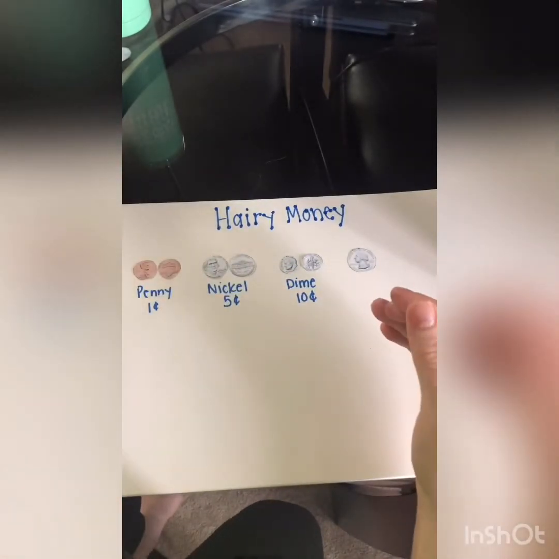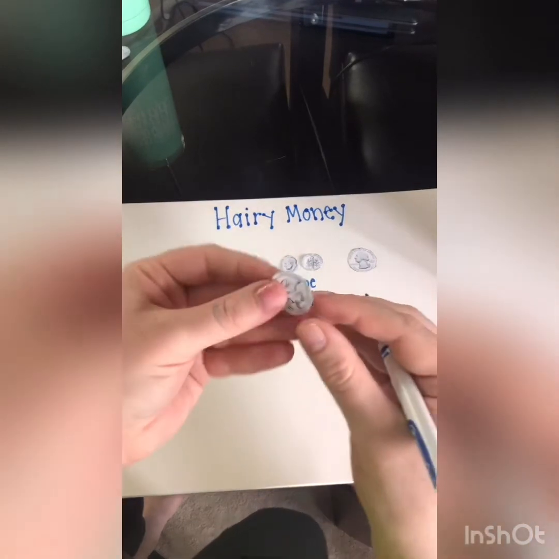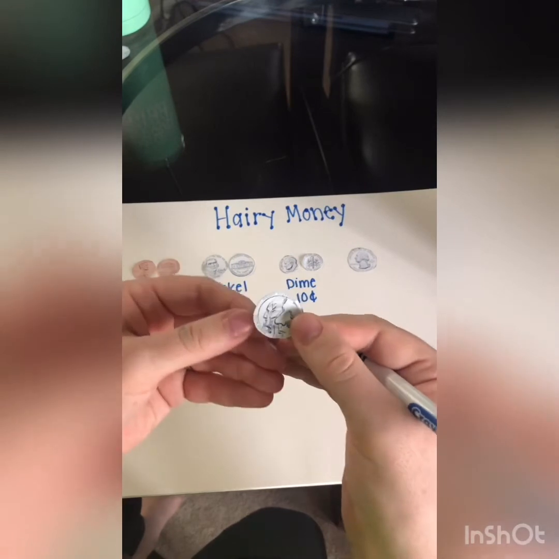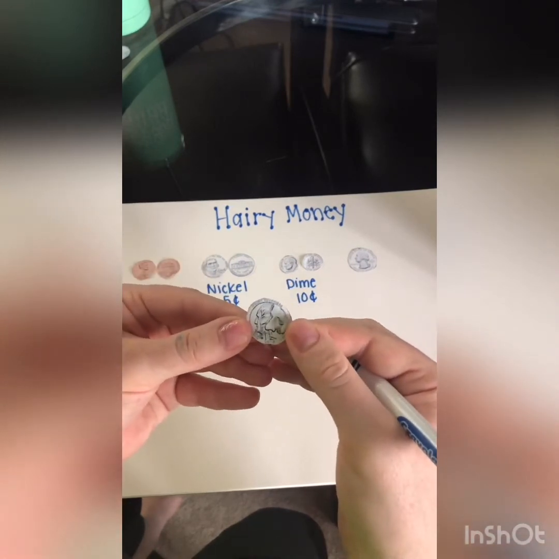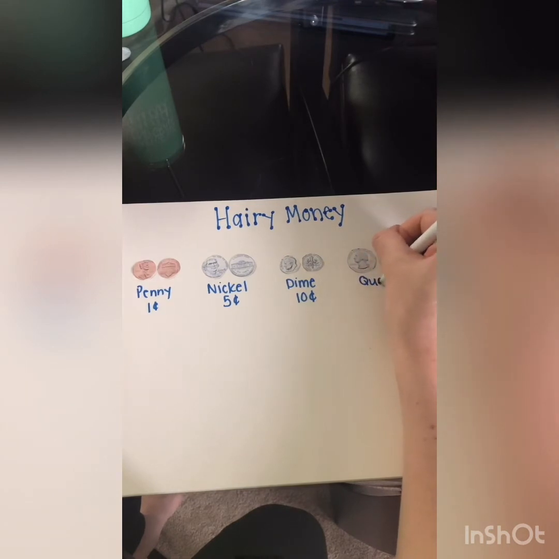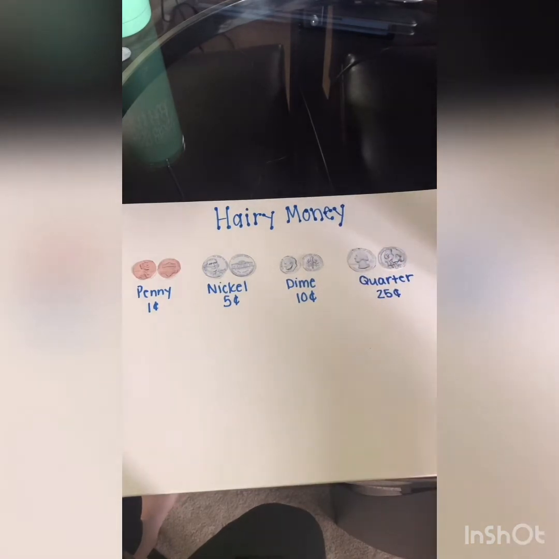The back of the quarter that we're going to use today is from 2013, Mount Rushmore. So again, that's called the quarter. And a quarter is worth 25 cents.